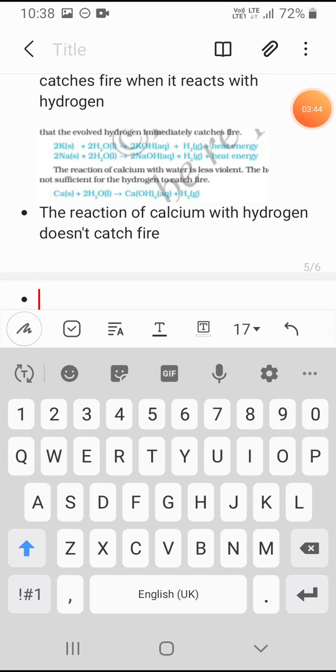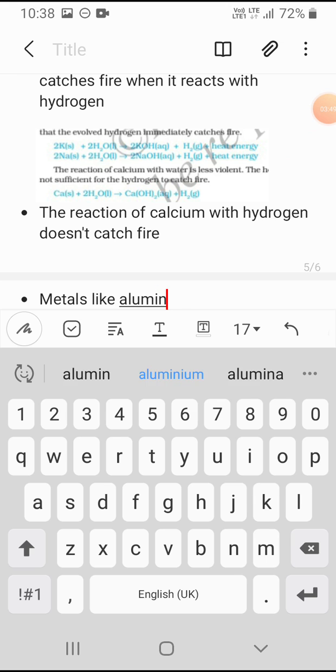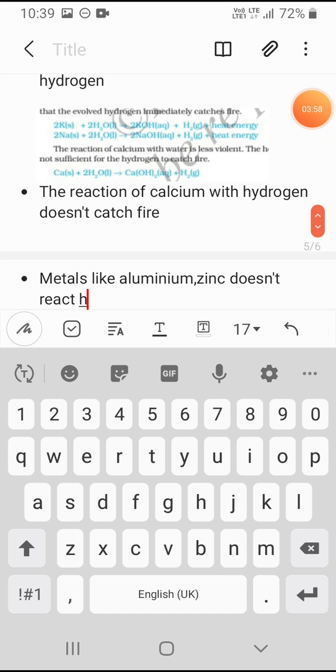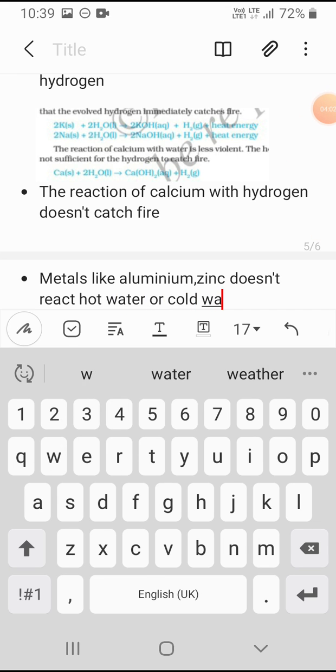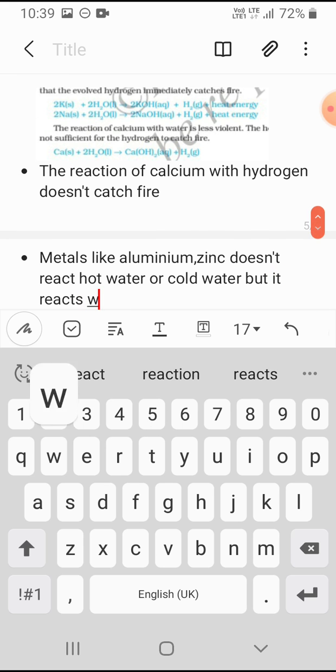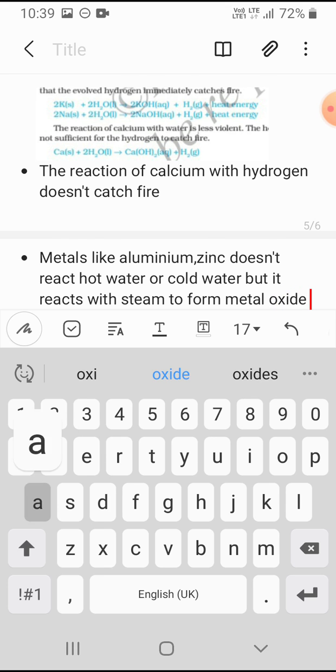And metals like aluminium and zinc do not react with hot water or cold water, but they react with steam to form metal oxide and hydrogen.